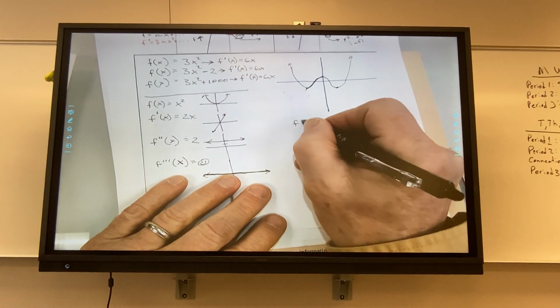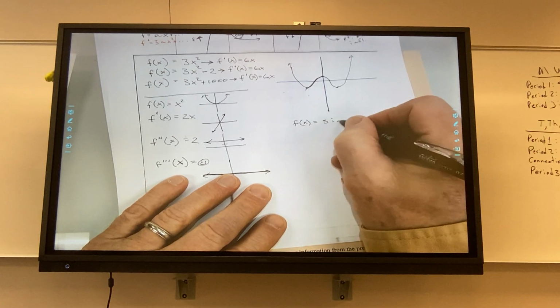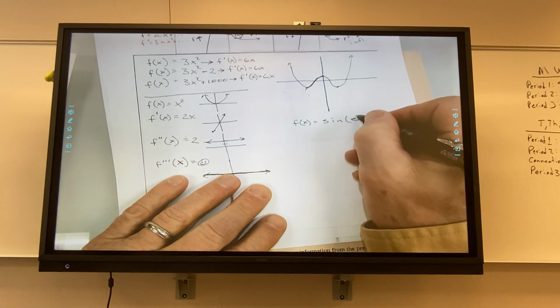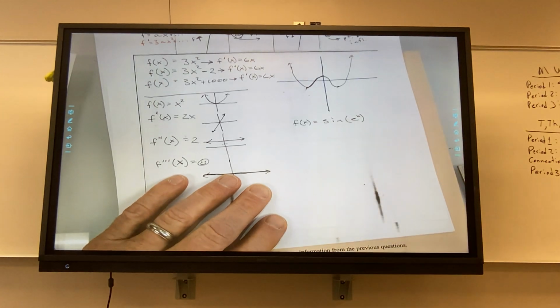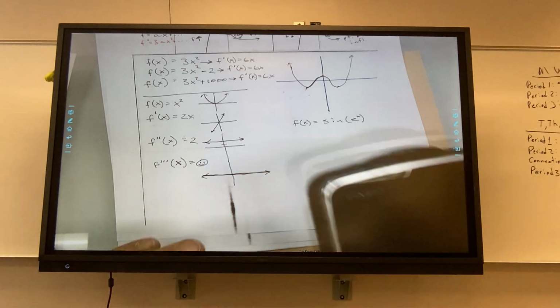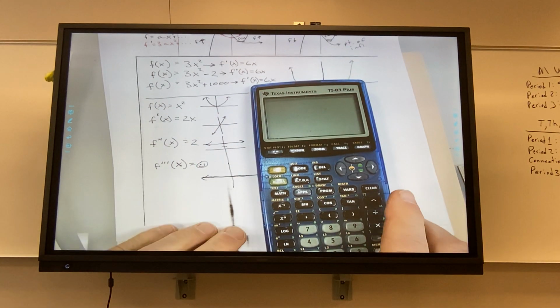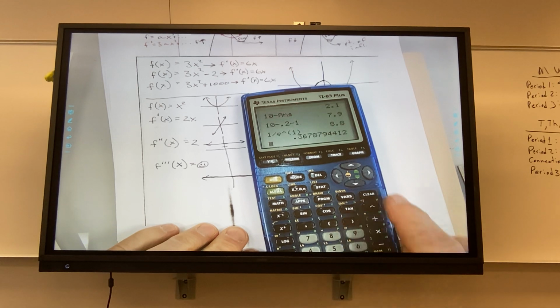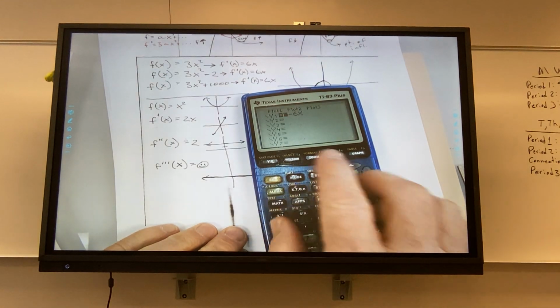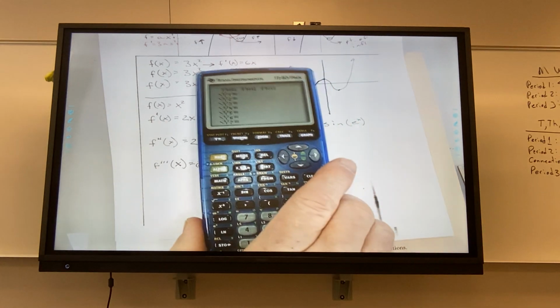Let's say I give you something like this. You go, oh my gosh. And what we can do, we're gonna graph that on the calculator. I'm gonna use my TI first, and then I'm gonna switch over to my Casio. So I'm gonna go y equals, clear. Make sure my plot buttons are all off.